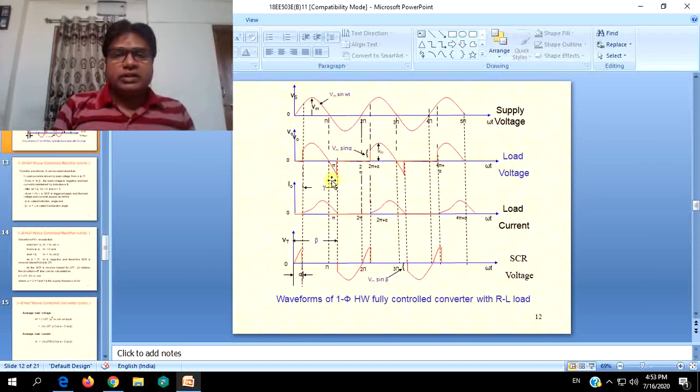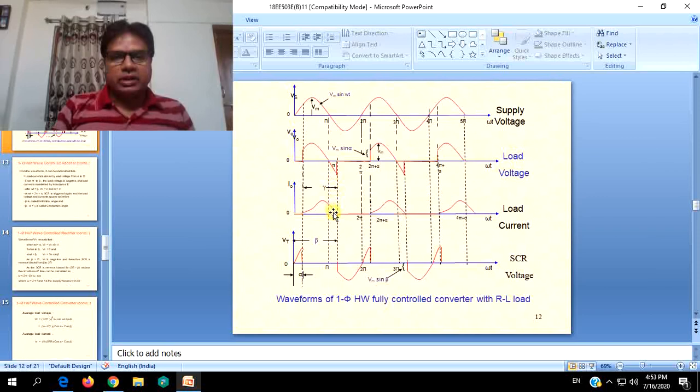The duration during which the load is subjected to negative voltage is pi to beta, or beta minus pi.